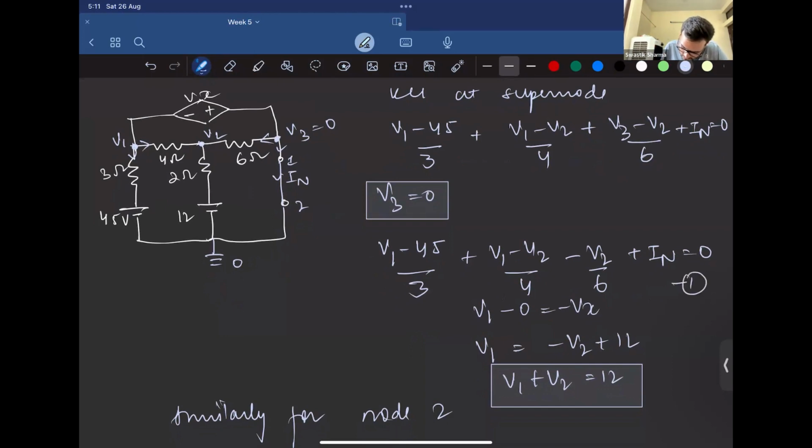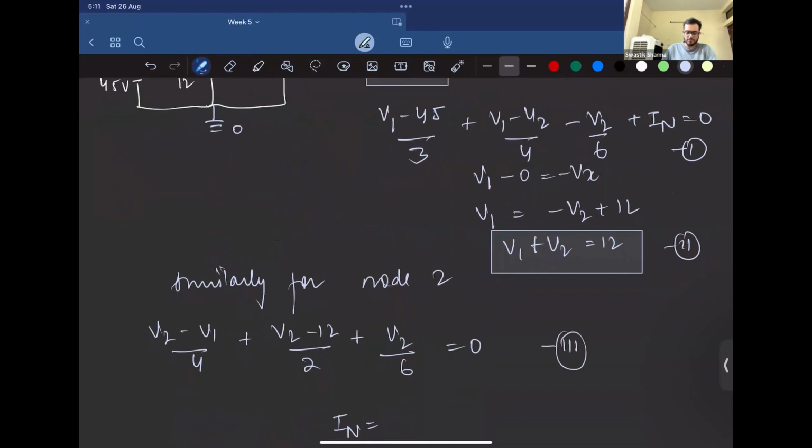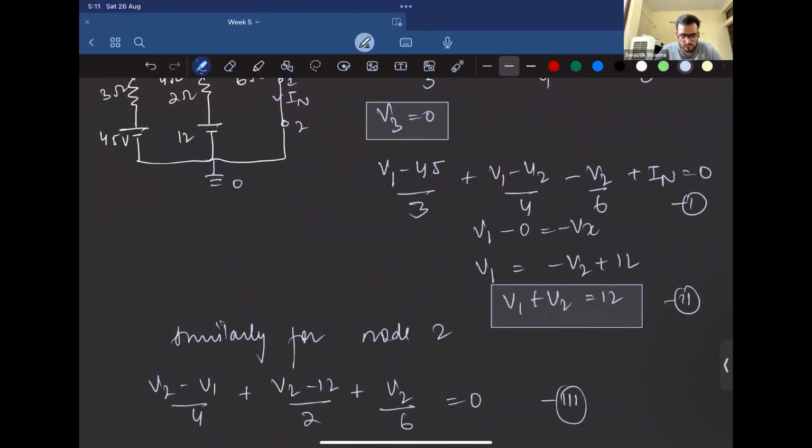So this is the first equation. This is the second equation, and this is the third equation. Just for your information, V2 is coming 12. Just tell me what is the value of IN.